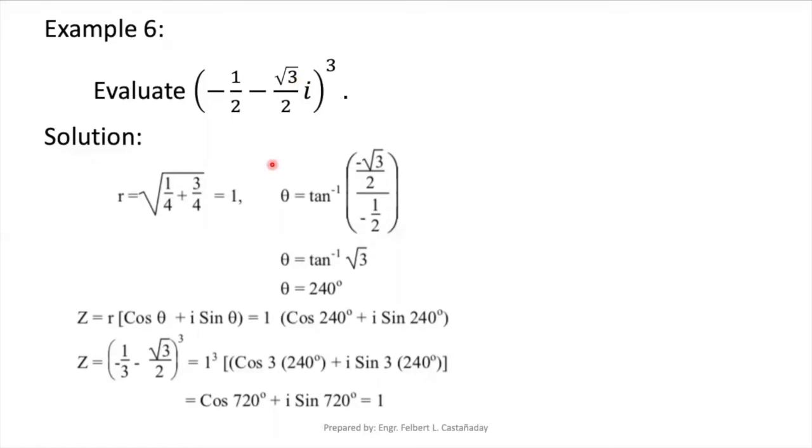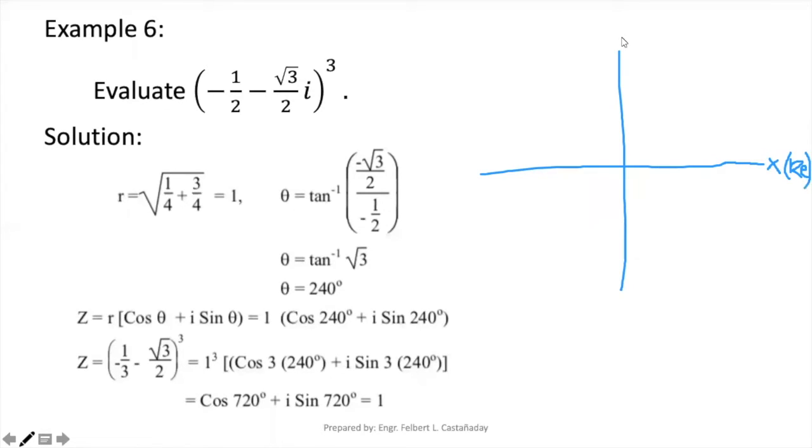So let me show you. Let me draw the complex plane. The horizontal axis is the x-axis or the real axis. The y-axis, the vertical axis, is the imaginary axis.